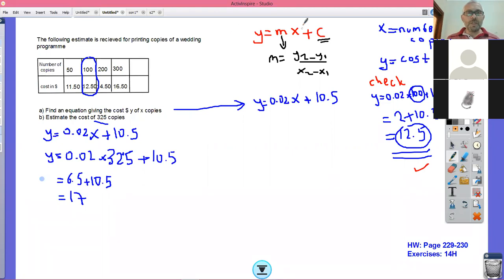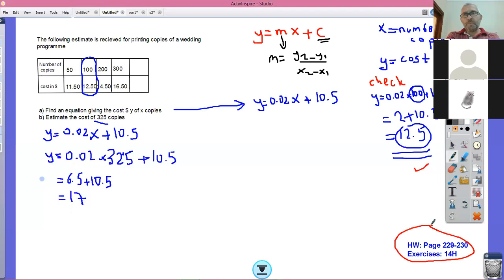It's good. With this one, we finish today. Here on the right, you are going to see the homework part. Please solve them until tomorrow. Page 229 and 230, exercises 14H.